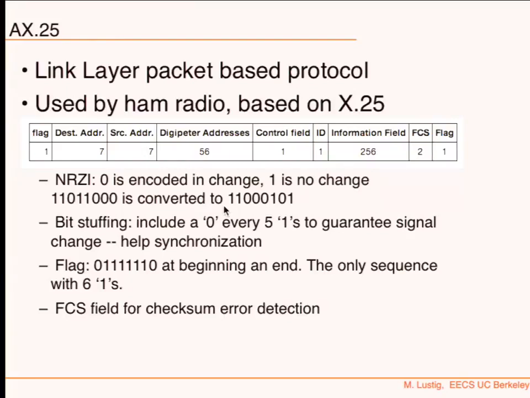When they designed the scheme, they tried to make it easy to decode. There's a few things that are special here. First of all, instead of NRZ, non-return to 0, where a 1 is a mark and 0 is a space, they switched to a mode called non-return to 0 inverted, NRZI.